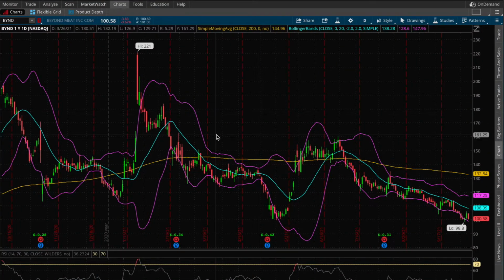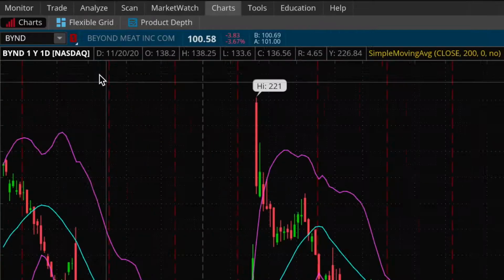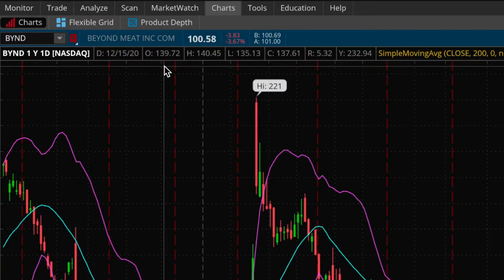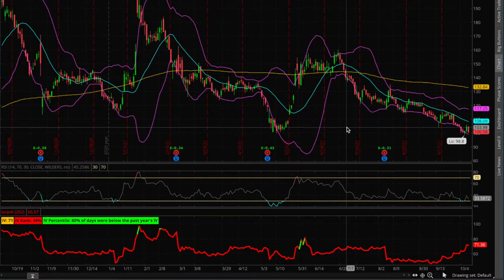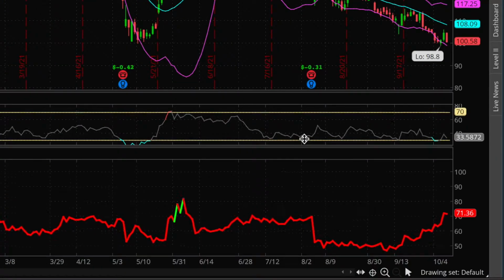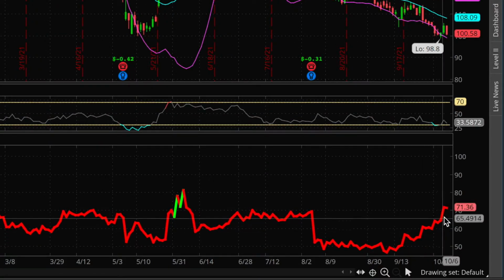Okay, here we are. And so the stock I'll be using to illustrate the differences between weekly contracts and monthly contracts is going to be Beyond Meat. I do like trading the stock a lot because generally speaking, it is very liquid. And also right now, as you can see down here with the implied volatility chart, we are seeing a very nice expansion of implied volatility. You can see that right there.